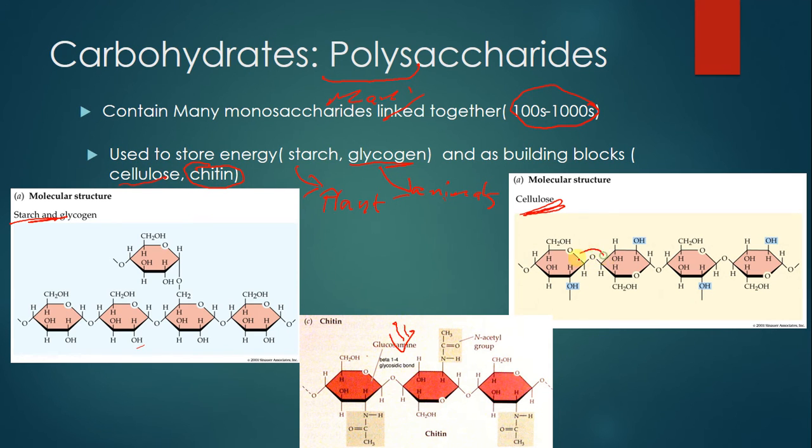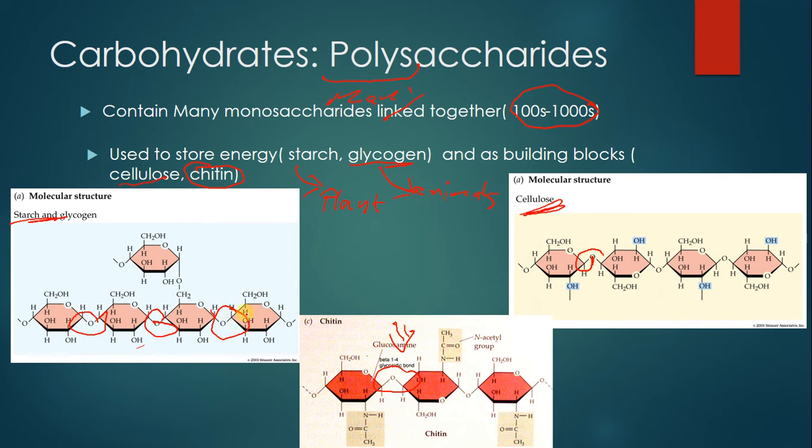You can see there are glycosidic linkages, that O hanging out like we're holding hands between the 2 monosaccharides right there. And you can see that those glycosidic linkages can take place between the 1 carbon, if we number the carbons going clockwise, and the 4 carbon, or it can be between the 1 and the 6 carbon.